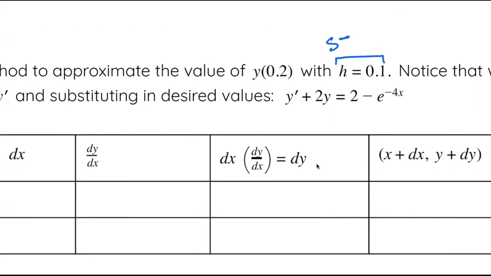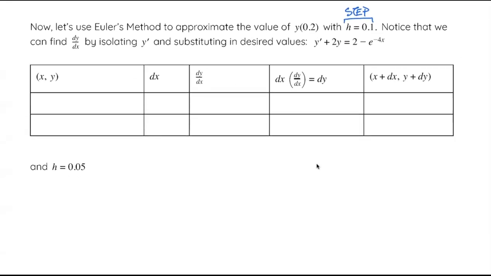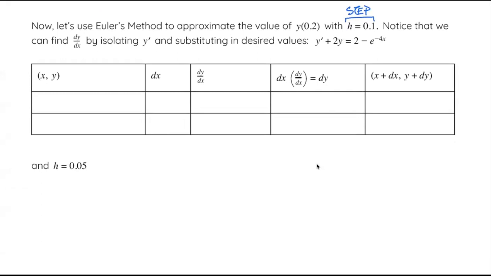This is the step. This is how much I'm increasing by to get from my initial condition to the point that I want. A step of 0.1 is larger than a step of 0.05.